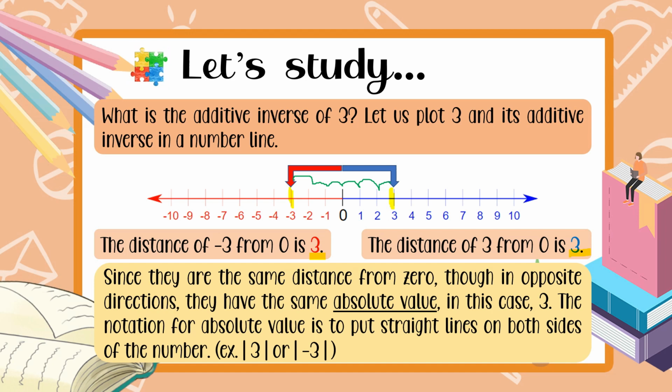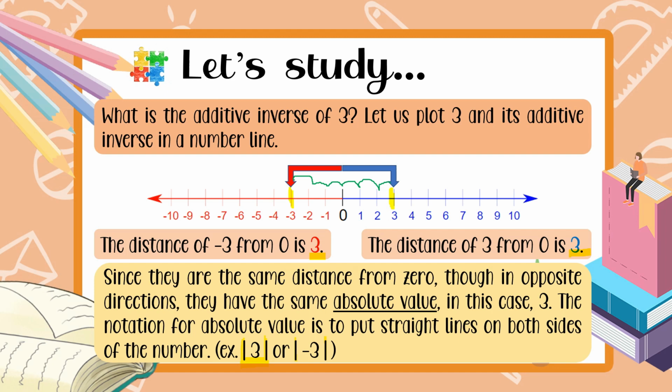In this case, 3. The notation for absolute value is to put straight lines on both sides of the number. So, this straight line is the symbol for absolute value. Itong straight line na dalawang to. And this statement is read as the absolute value of 3.